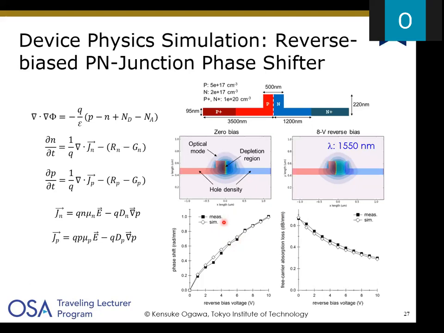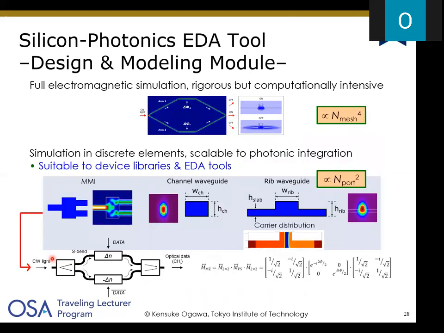Actually, this scheme of modeling is very accurate as far as the DC bias situation is concerned. So you can design your silicon-based waveguide for optical modulators using these sorts of schemes. And the commercial EDA tools are using that sort of scheme.